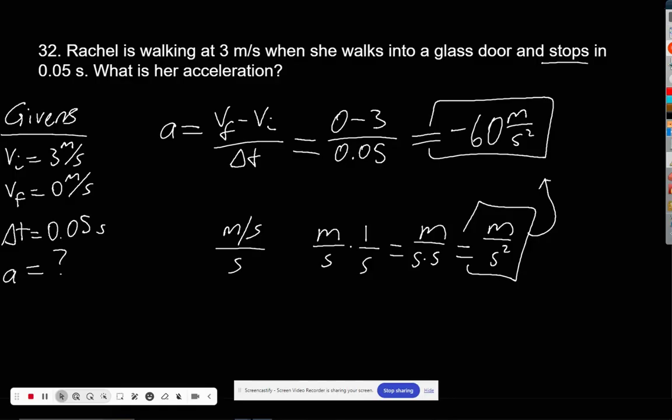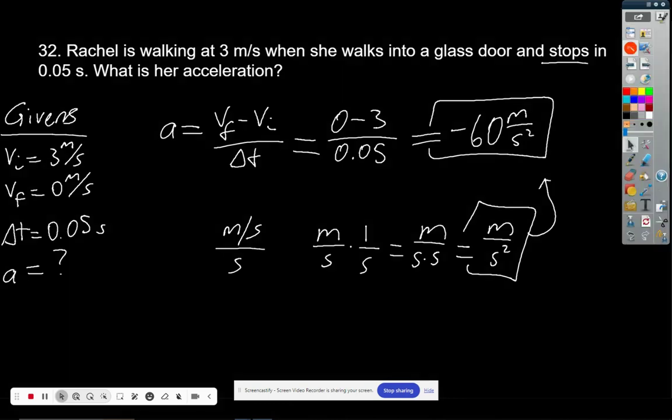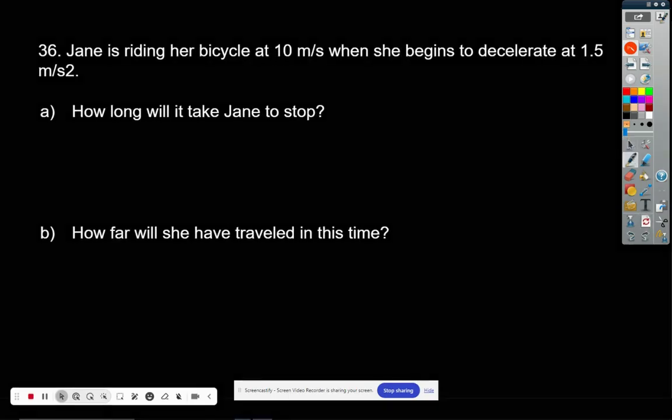But most of us probably will just remember meters per second squared is for acceleration because we have been saying it so much. But we can analyze the units, and we will do more of that unit analysis in the future. But moving right along to number 36.